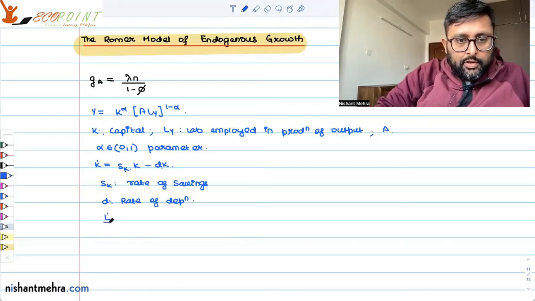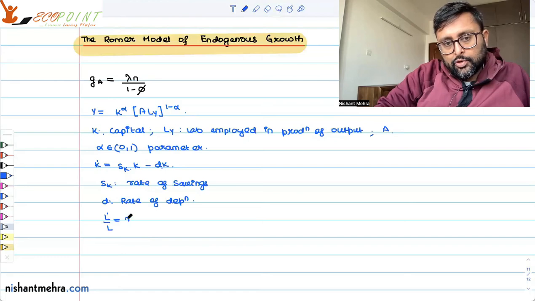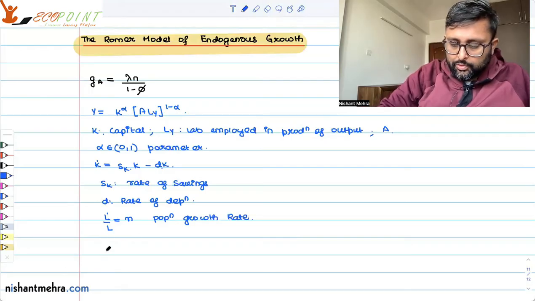Population growth rate is also given to you. L dot by L is equal to n, the population growth rate.